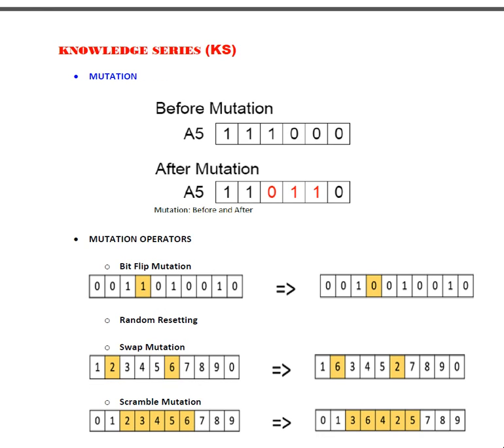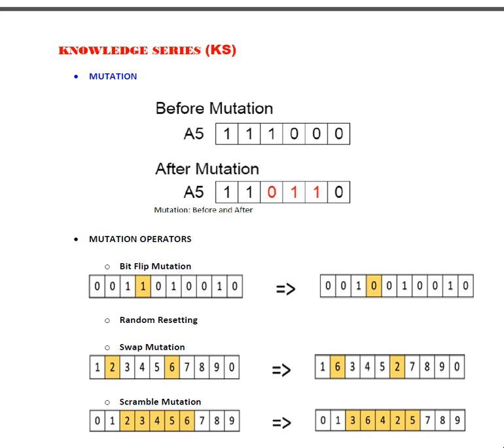Next we discuss mutations. In mutation, as I have already shared in my previous point, why we go for a mutation: we try to see that it can produce a better performance with respect to the results.